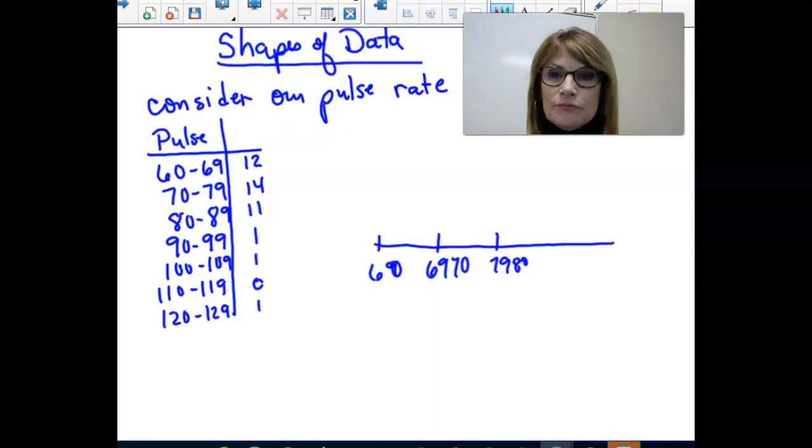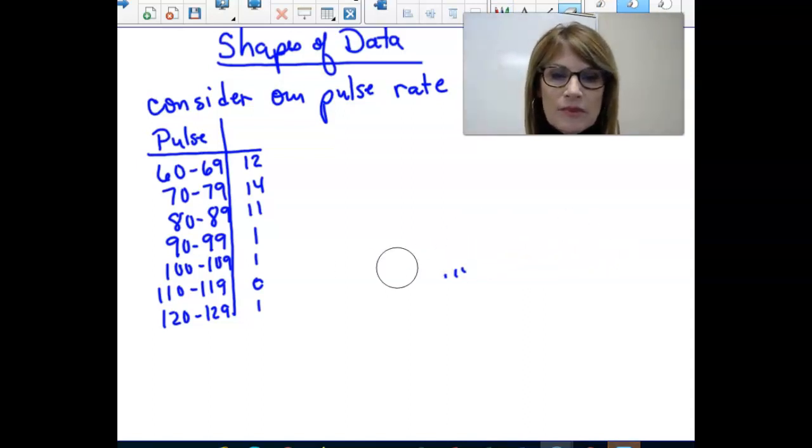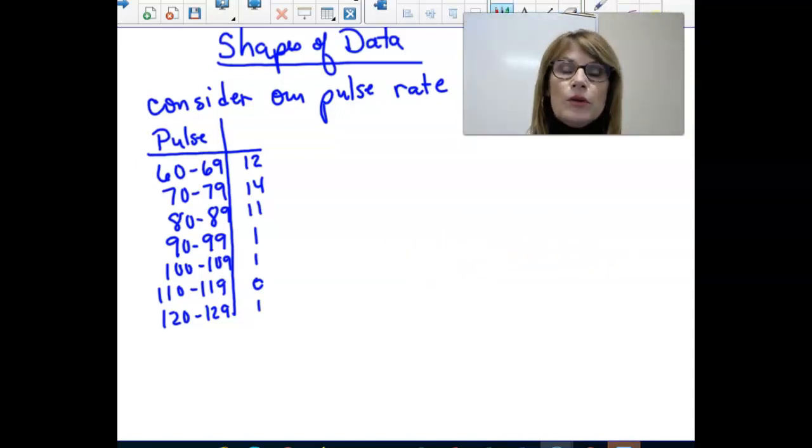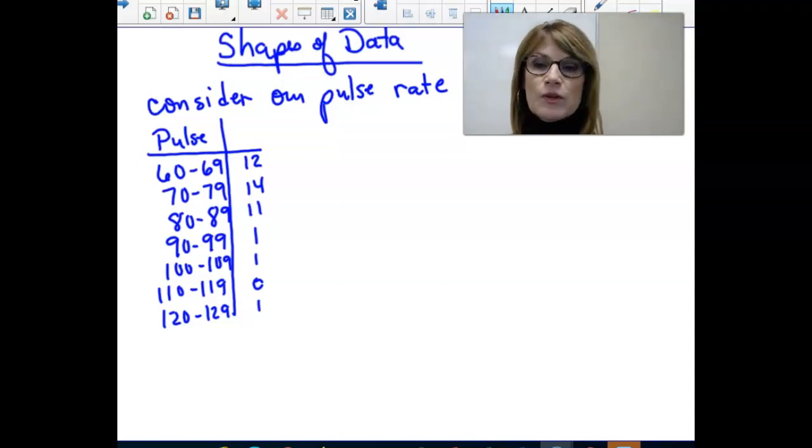So we can't do that. Instead, we will either use the midpoints or our boundaries or just the lower class limits. And you can see it all different ways. But you're not going to see the 60 and the 69, the 70 and the 79. So there are 3 different ways that we could draw this.